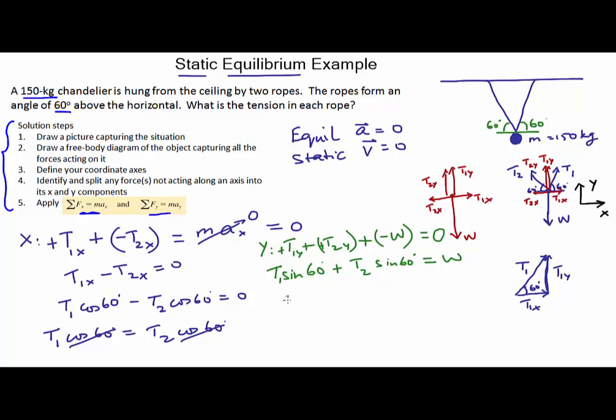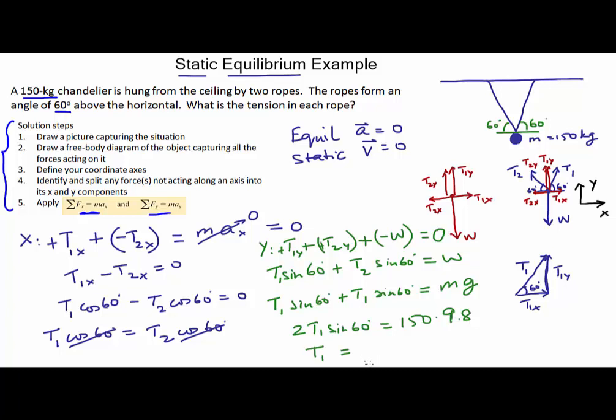And because T1 and T2 are both equal, I can write this as T1 sine 60 degrees plus T1 sine 60 degrees, where I've substituted T1 for T2, equals the weight, and the weight is nothing but mass times acceleration due to gravity. So this gives me 2 times T1 times sine 60 degrees equals, now I know the mass of this, 150 kilograms, times the acceleration due to gravity, 9.8 meters per second squared.